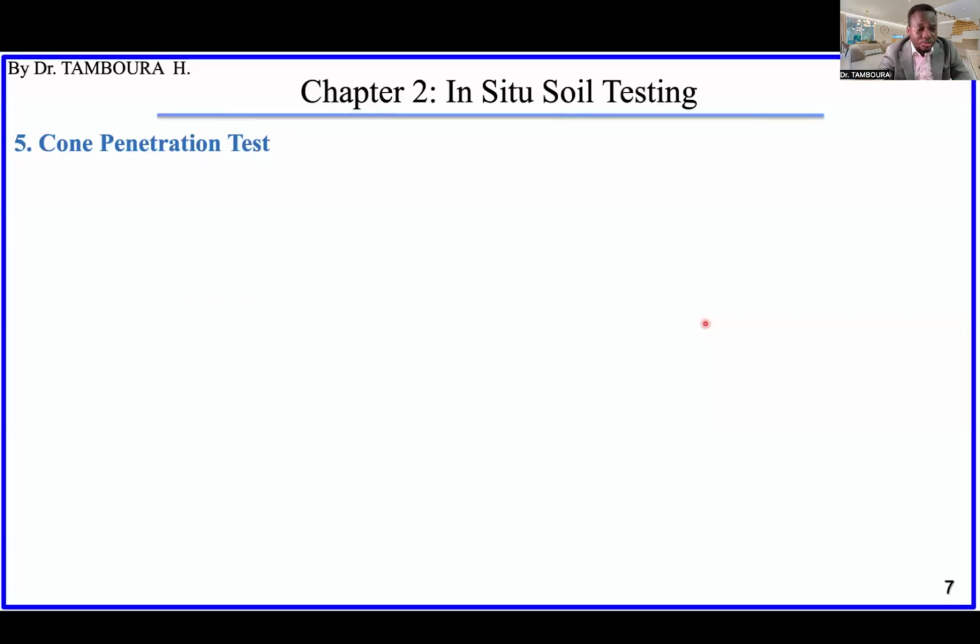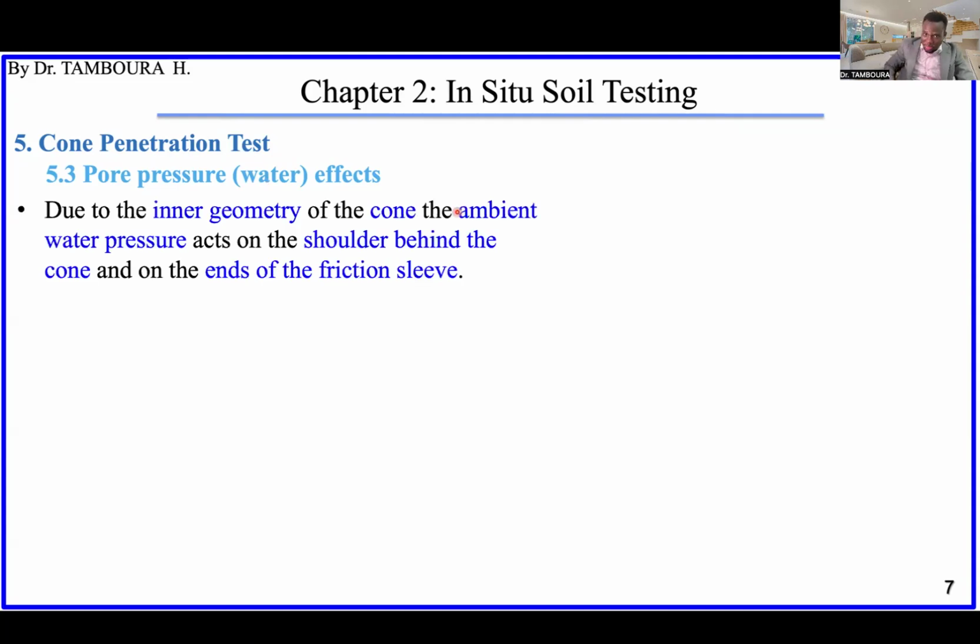So let's continue. The effect of pore water pressure. In almost all cases, the pores are filled with water. So what is the effect of water in this CPT test?